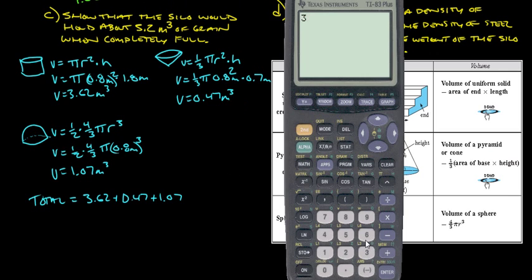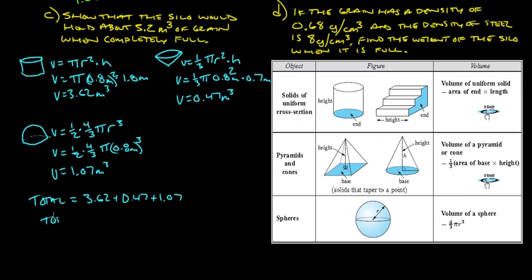So we got 3.62 plus 0.47 plus 1.07, and we get 5.16, which rounds to 5.2 meters cubed. So, yay, we got that one right too.